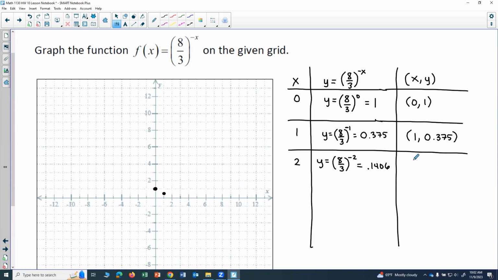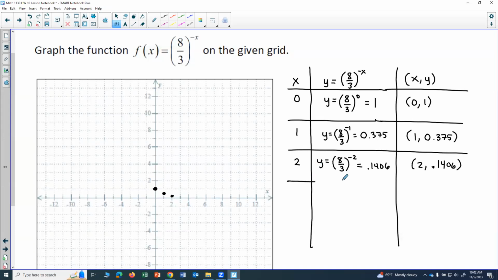And so my ordered pair would be 2, 0.1406. And that would be way down here. That's almost at 0, but not quite.